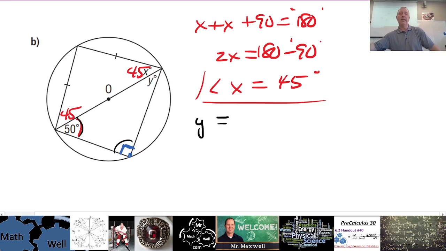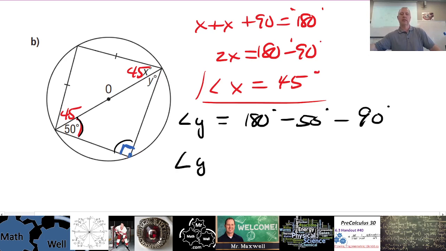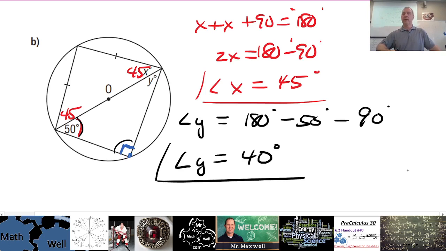So angle y equals 180 minus 50 minus 90. That's what's left over. 180 is the total, minus 50, minus 90. So what's that? 40 degrees. Angle y is 40 degrees.